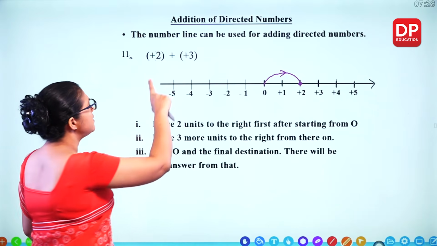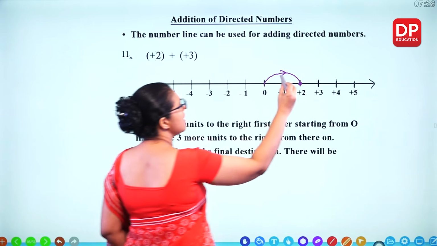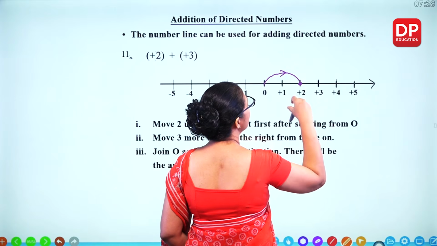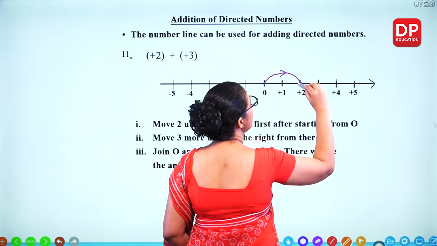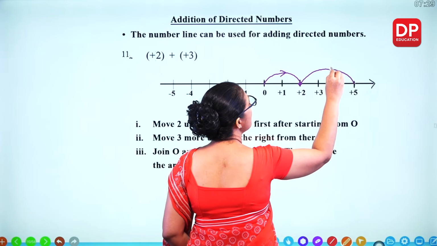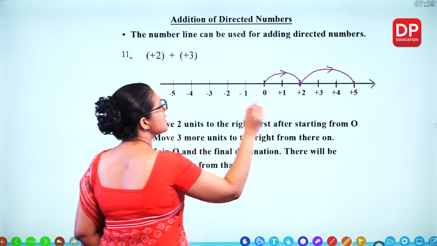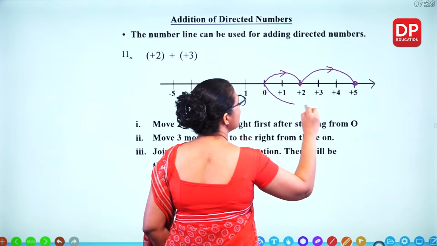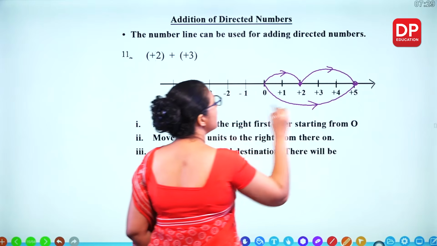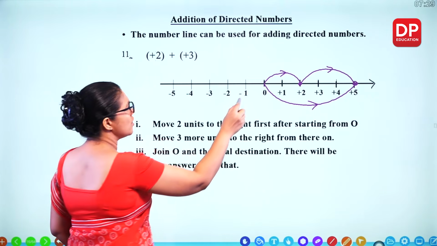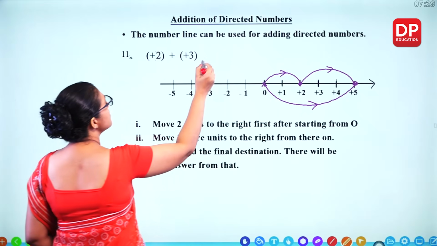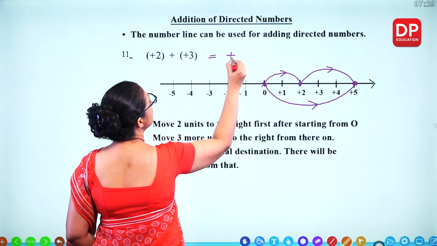Then adding plus 3, another 3 places: 1, 2, 3. So you are moving another 3. So what's the final answer? You get 5. This is the initial position, 0 to 5. So the answer is plus 5.